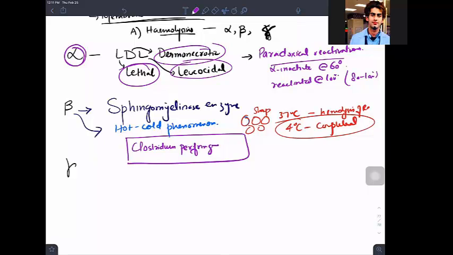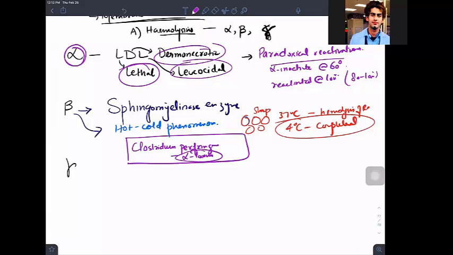This Clostridium perfringens has a toxin known as alpha toxin. What this alpha toxin specially does is that it shows the same hot cold phenomenon. So the examiner may confuse you by saying the alpha toxin of Clostridium perfringens shows hemolysis of RBCs at dash temperature.